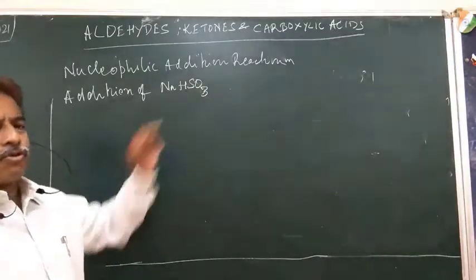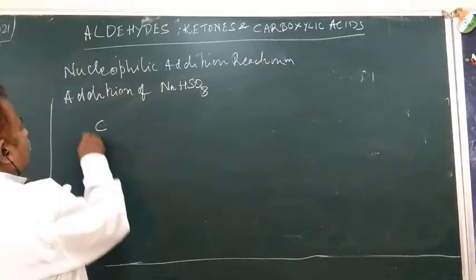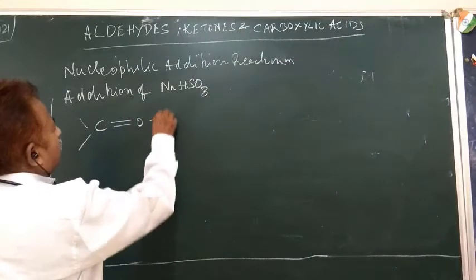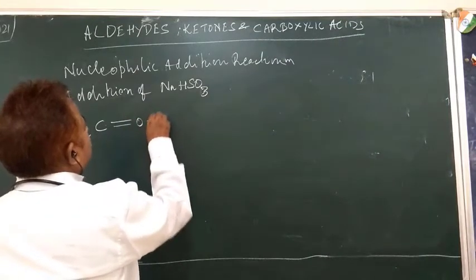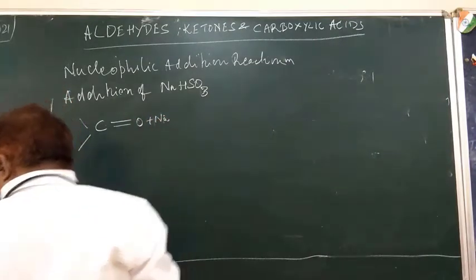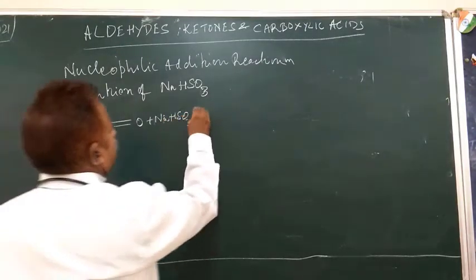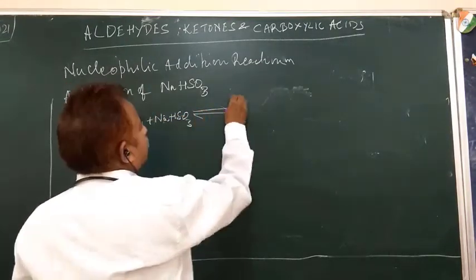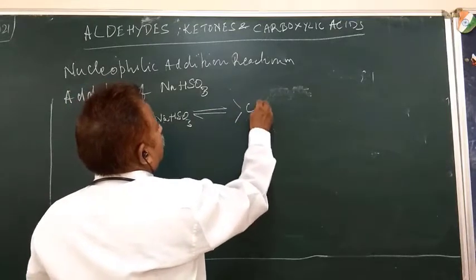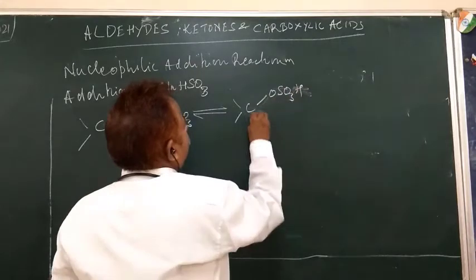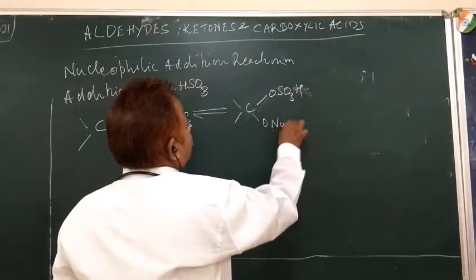Addition of bisulfite. Let us see the reaction. Carbonyl compound plus NaHSO3. So here we get the addition product with OSO3H and ONa.